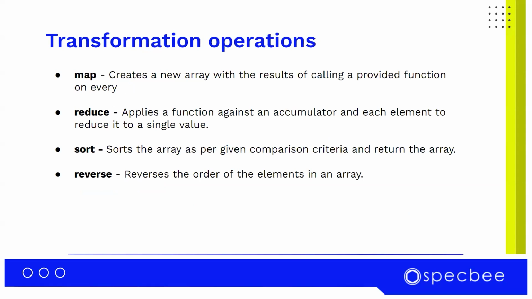Transformation operations. Again, there is a certain shape to the array. Maybe it's just numbers over there. Maybe there are objects.